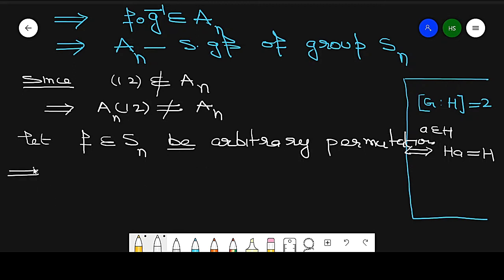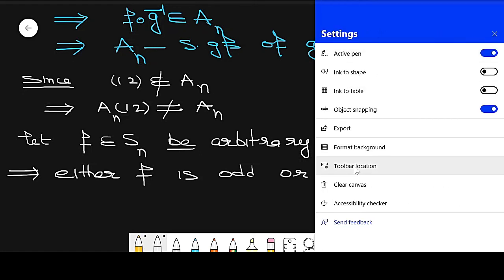So it implies either f is odd or even. Either odd permutation or even permutation. So I take case number 1.